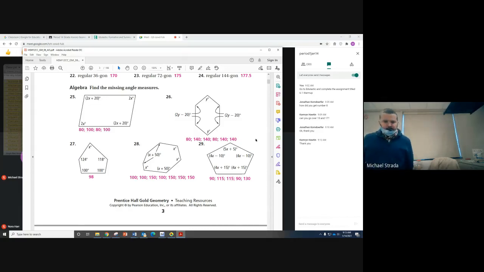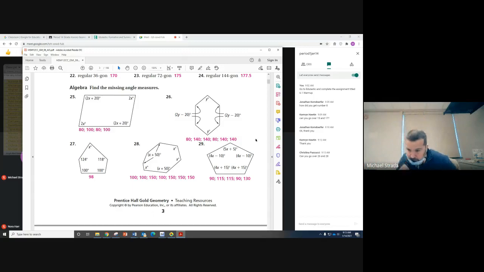Any question? Oh, okay. 26 and 28. All right, let me set them up and then we're good to go. So it would be 2 times y plus 4 times 2y minus 20 equals 180 times 4 is 720.